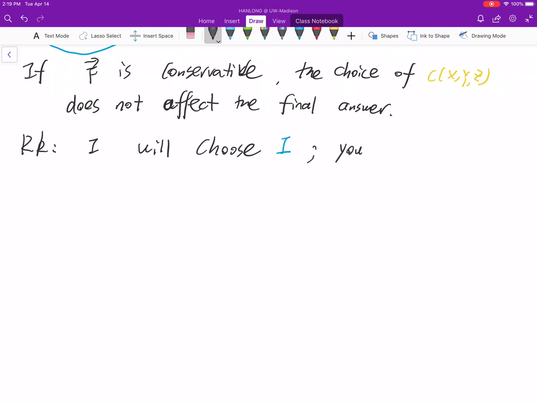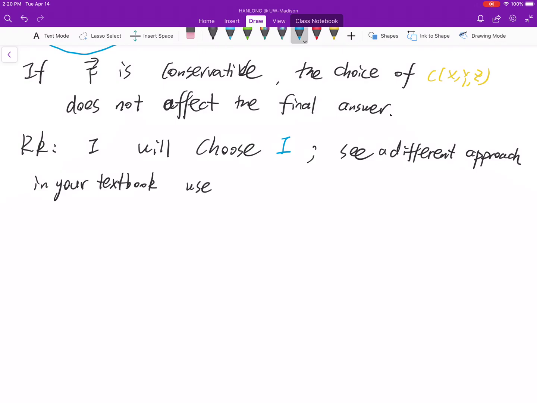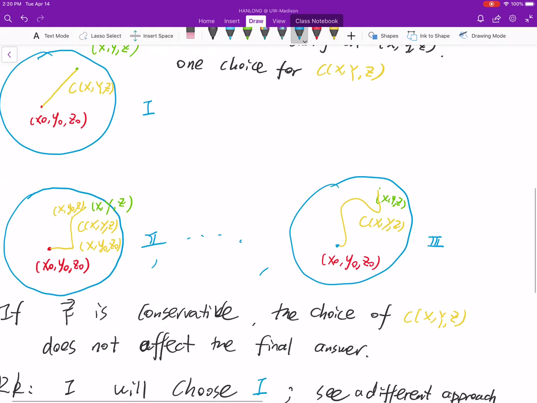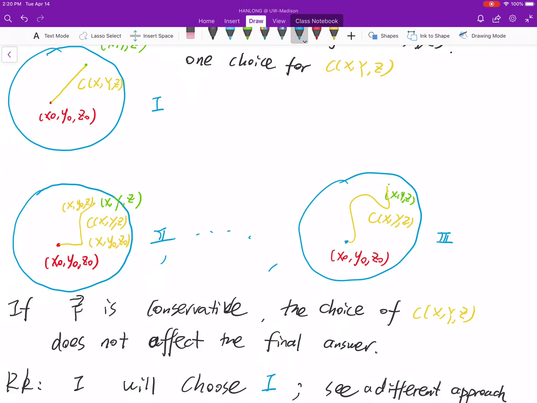Your textbook sees a different approach. In your textbook, they are basically using the path in case 2.